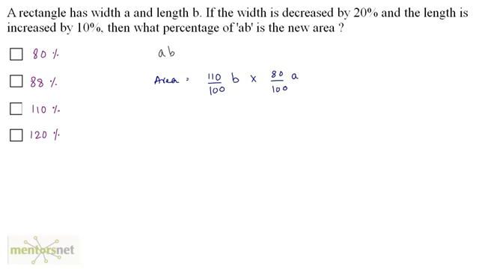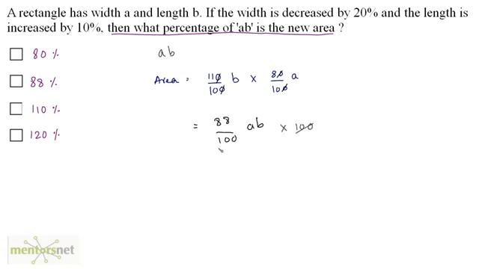Okay. Now we need to calculate what percentage of AB is the new area. Well, we have AB here. Let us solve all of these terms. So cancelling out these zeros, we have 88 upon 100 AB. Now this is not in percentage. To convert this into percentage, you'll have to multiply it by 100.